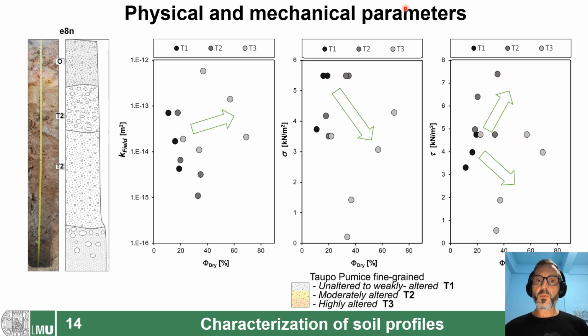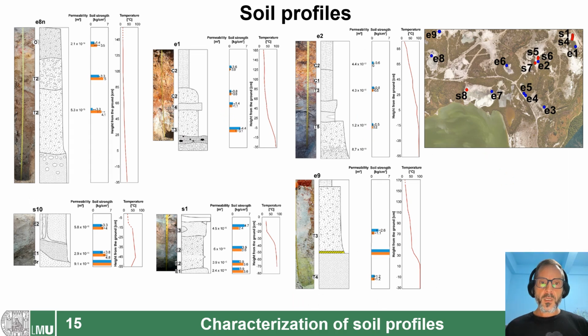The reduction in both strength components becomes more and more predominant in areas where unstable ground and collapsed structures are present. So, comparing soil profiles across different areas shows varying distribution and relationships with the observed thermal features.